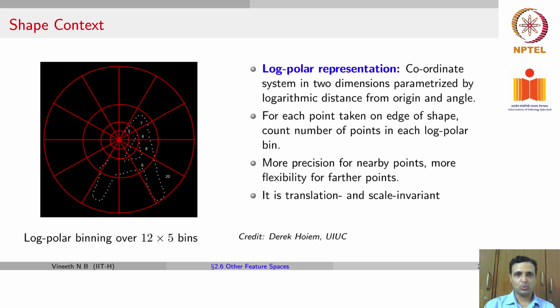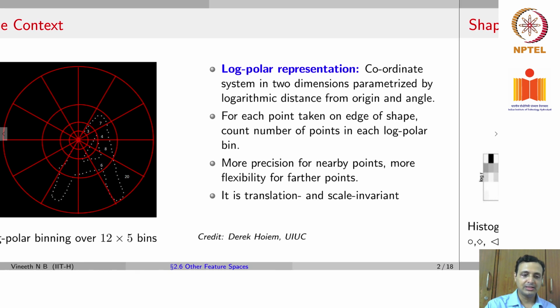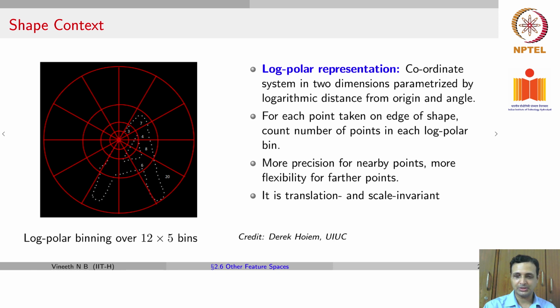Shape context was about taking a pixel and getting a log polar representation of the neighborhood around the pixel using this kind of a representation.